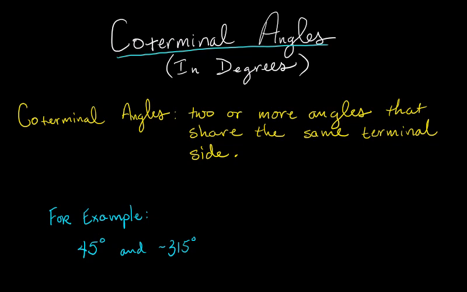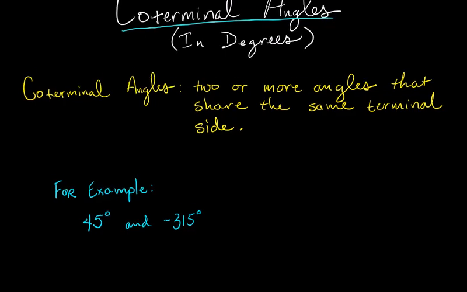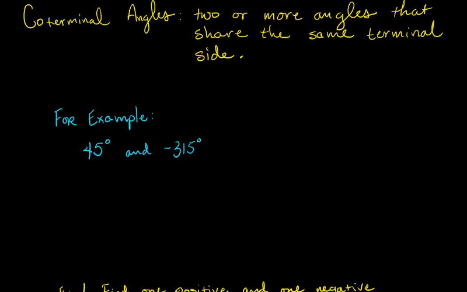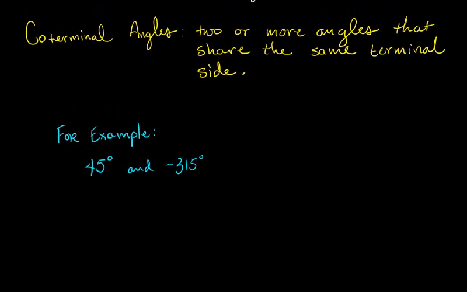Coterminal angles are two or more angles that share the same terminal side. If you're not sure what I mean by that, let me give you an example of two angles that share the same terminal side. In standard position, 45 degrees would be drawn this way. Here's your coordinate plane.